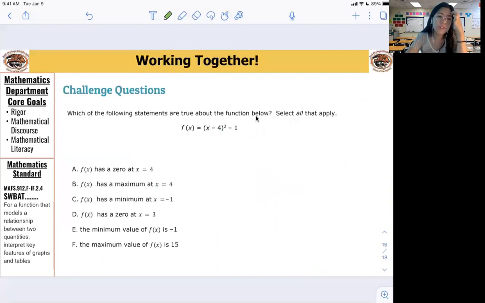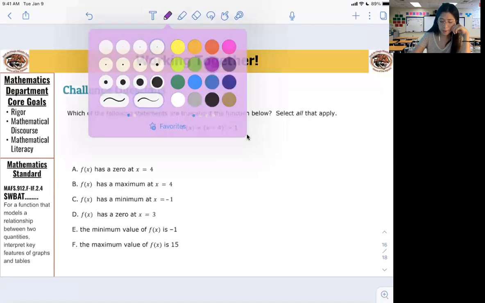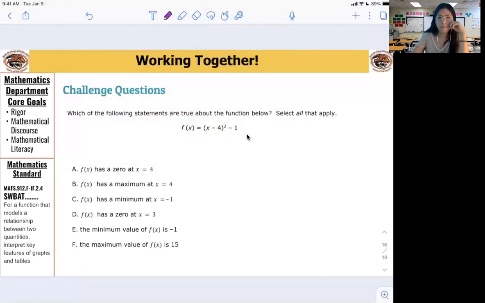Which of the following statements are true about the following function? Okay, what form is this in? Vertex form, right? So if this is in vertex form, what do I know about it? We know A, we know K, we know H. So what's A?